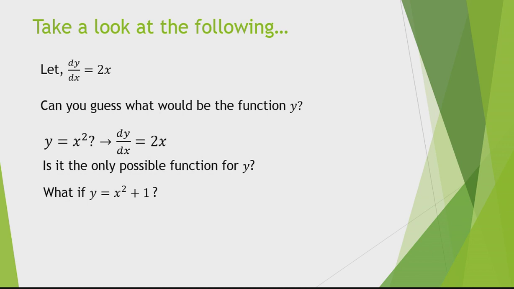Then y equal x squared minus 2 is the same, right? If you differentiate x squared minus 2, x squared gives 2x, while minus 2 becomes 0. That means we can differentiate different types of functions to get the same answer 2x.